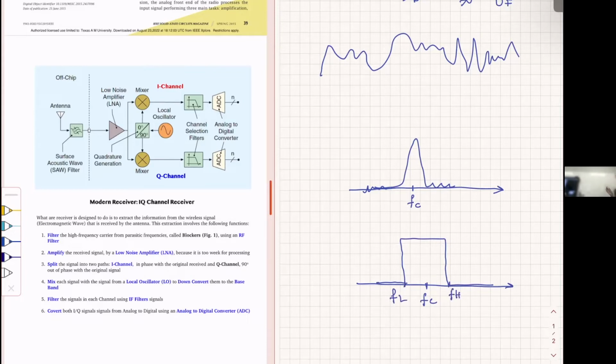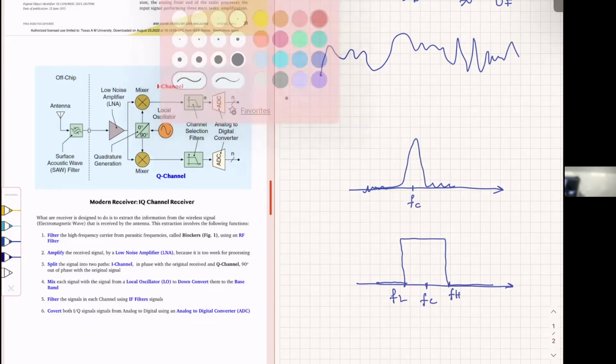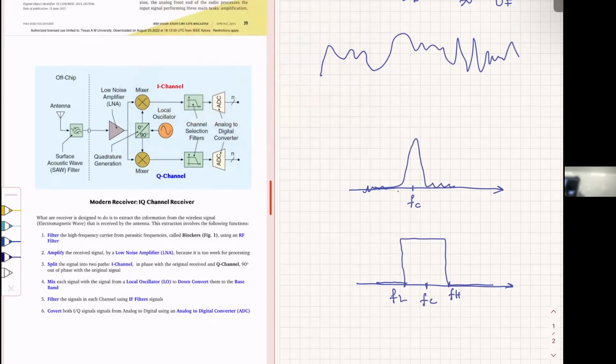What this therefore allows, if after the antenna we have a bandpass filter like this, it will only allow this part of the carrier to go through, meaning that all of this noise here is going to be eliminated.